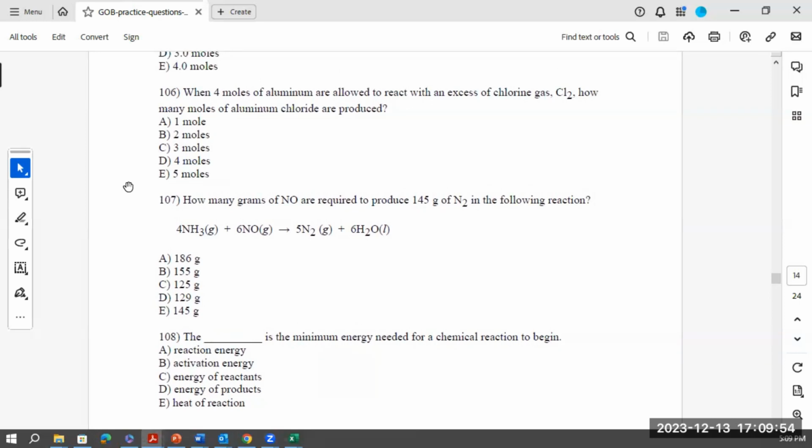So what is probably the first thing that we should do in this case? Any ideas?